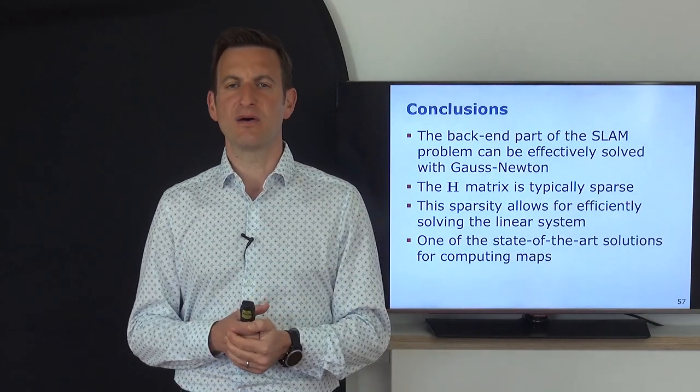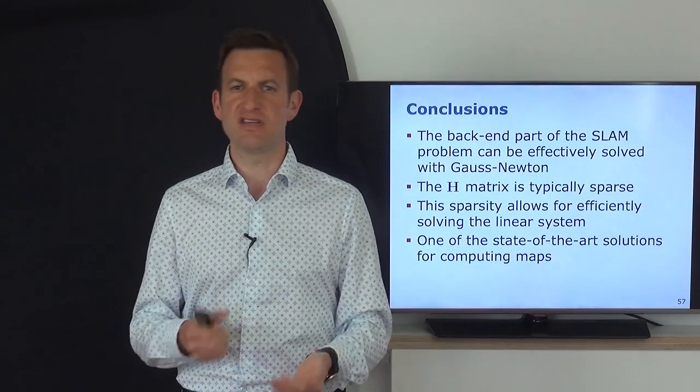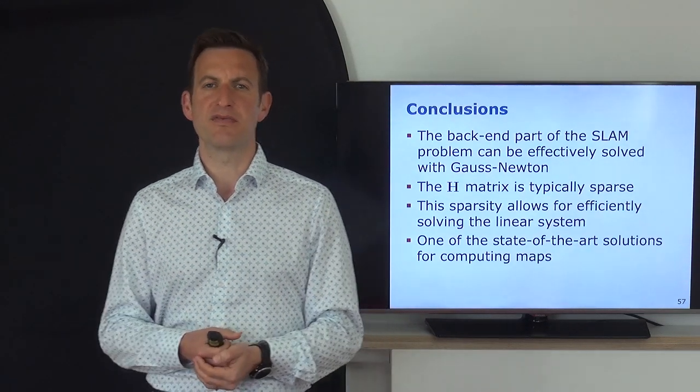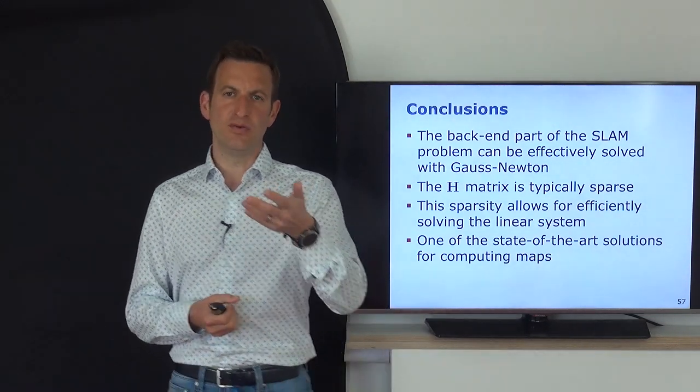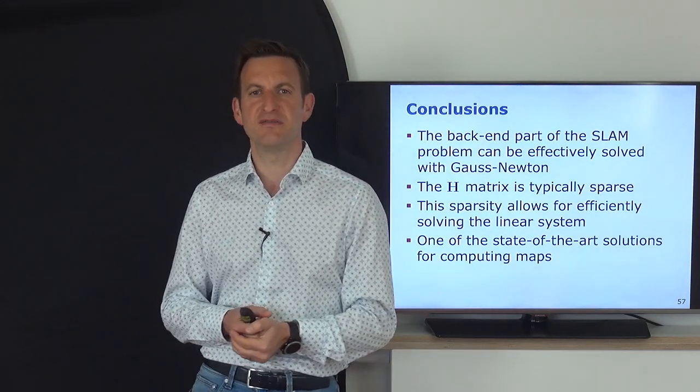And there are also libraries out there such as g2o, GTSAM, or Ceres, the three most popular ones, which can help you to perform those optimizations in an efficient way.